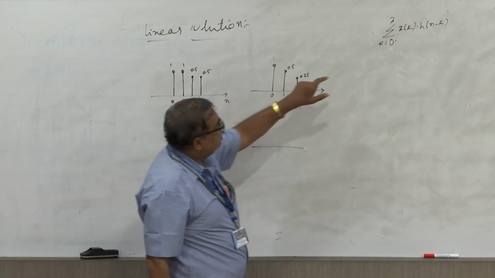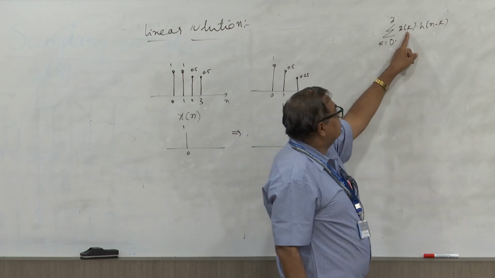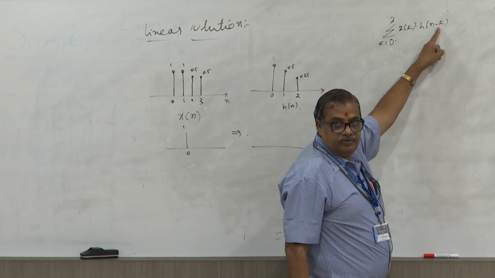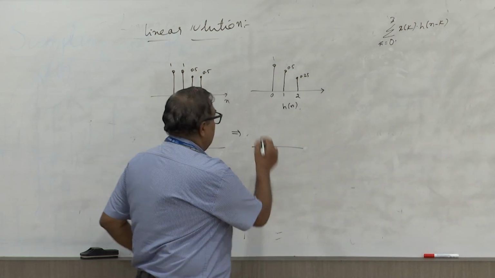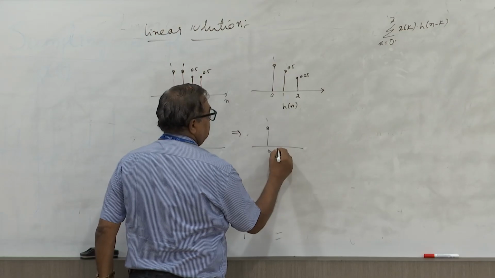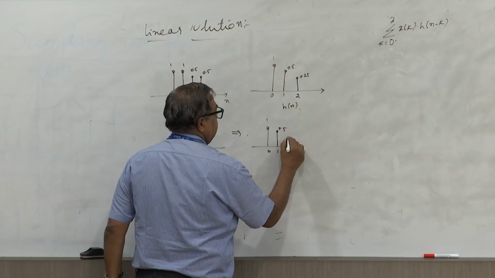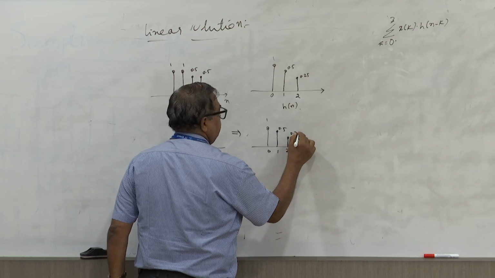That's why I have reduced it to 0 to 3. Let us put 0 here. It becomes x of 0 into h of n only, so I will keep the sequence like that. So this is 0, 1; at 1 it is 0.5, and at 2 it is 0.25.